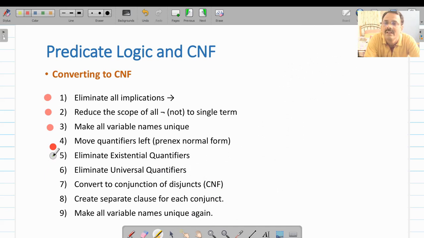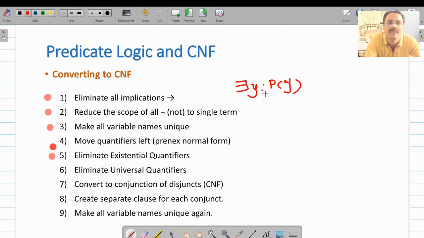Then eliminate existential quantifier, fifth step, which is important because we must now know how to remove existential quantifiers. Now we can have something like this: there exists y p of y.